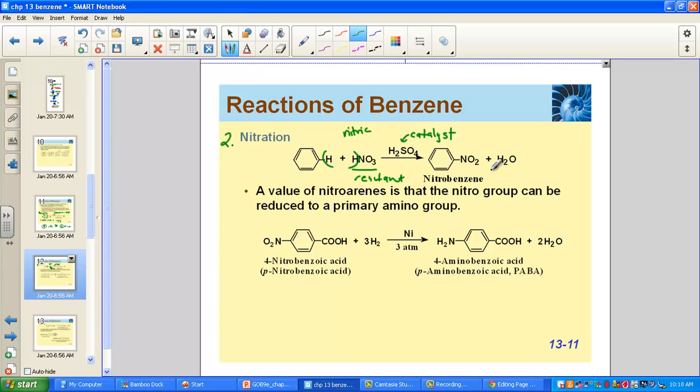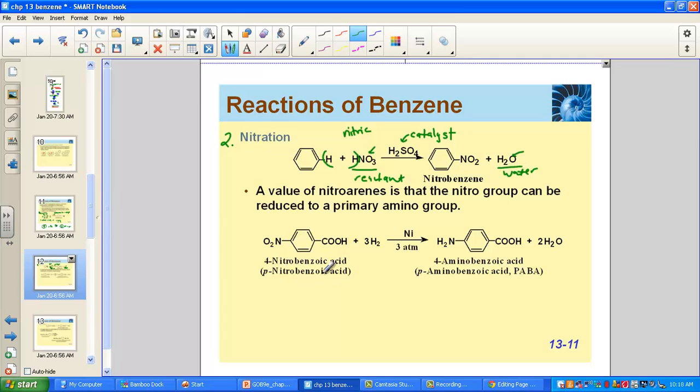Those two H's will come together in the formation of water. And notice what else? The nitrate polyatomic ion, which has 3 oxygens, will only attach 2 of those, leaving that third oxygen to form the water molecule, which is our second product. HNO3, in the presence of a catalyst, will place a nitro NO2 group onto the benzene ring. The resulting compound, water, is left as the second product.